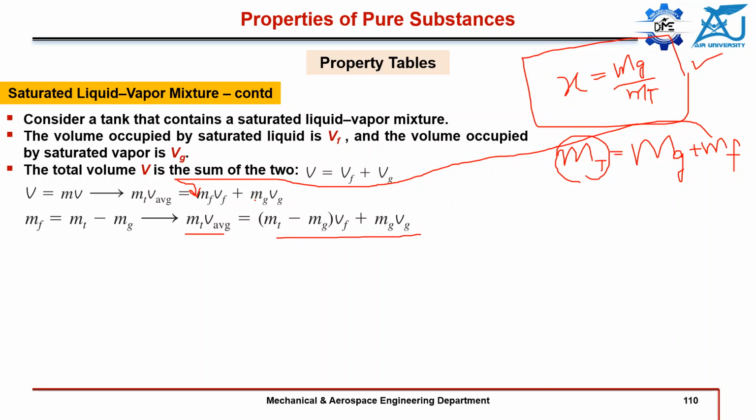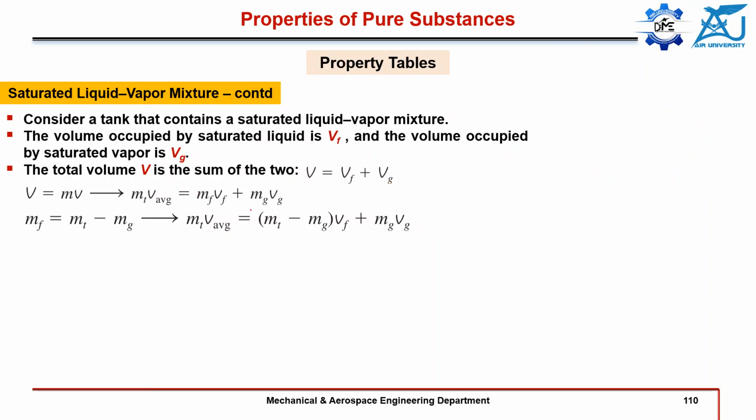We will keep mg as it is. Why do I want this whole equation to be written in either mg or mt? Because we do not have any definition for mf. That is why we want to bring this equation in the form of quality. So after some algebraic manipulation, very easy, it is not very difficult, we can write this equation.